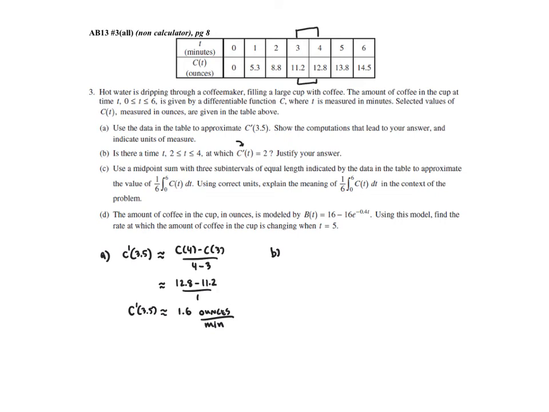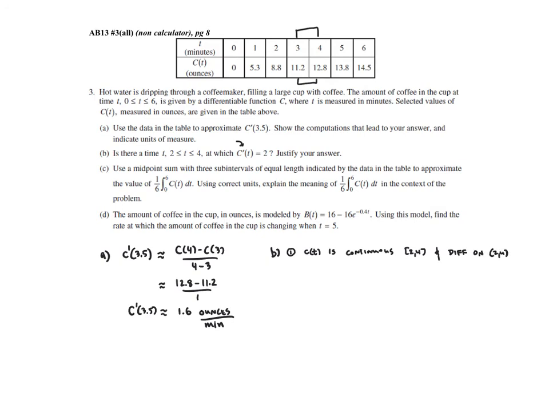Okay, so with mean value theorem, the first thing we want to start with is to be able to say that C of t is continuous on the closed interval 2 to 4, and differentiable on the open interval 2 to 4.